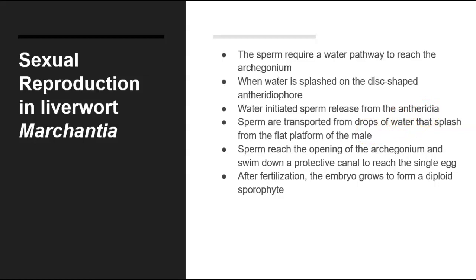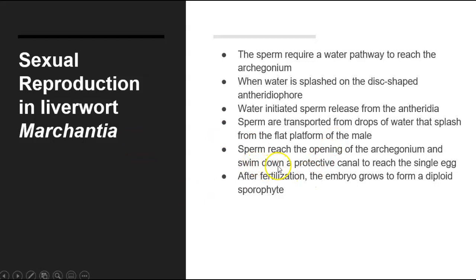When water splashes on the antheridiophore, it's going to basically help the sperm travel through drops of water and fall on the female organ. So the sperm are going to be transported from drops of water to splash from the flat platform of the male. So this disc structure is important for splashing of water.